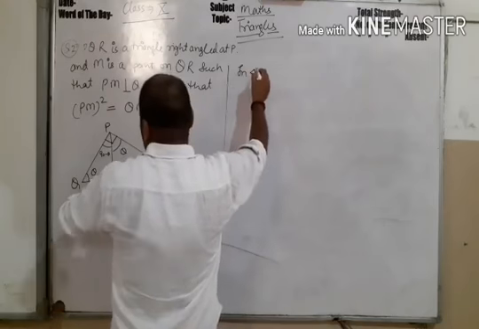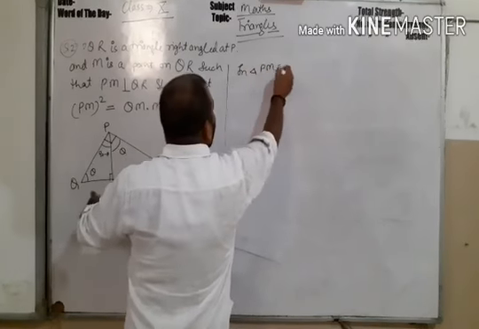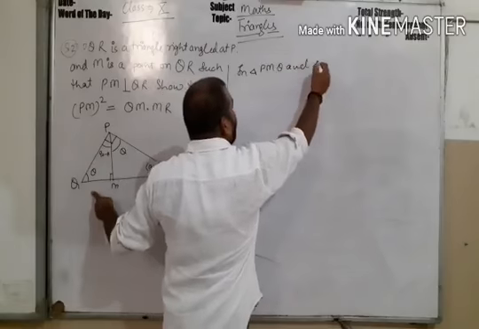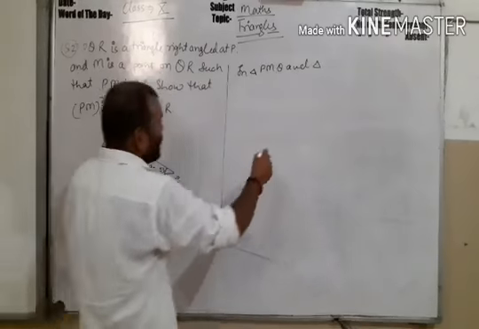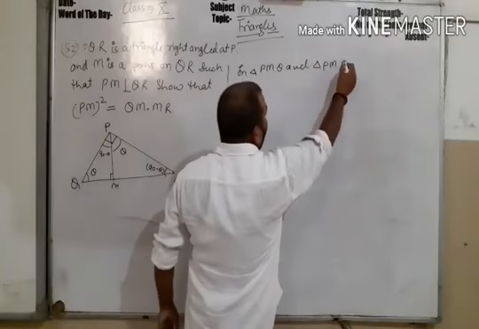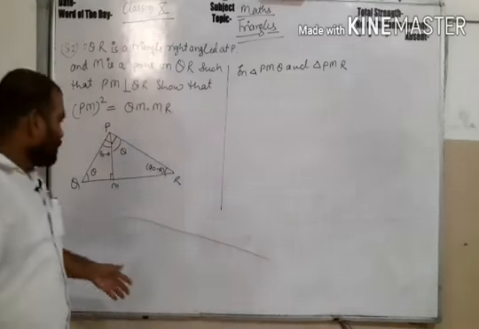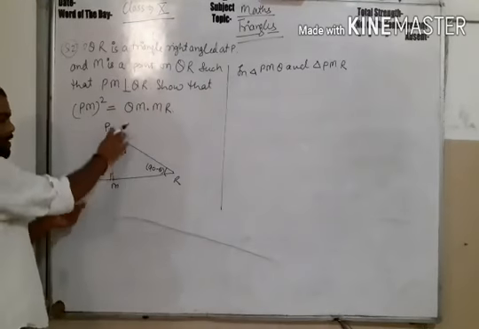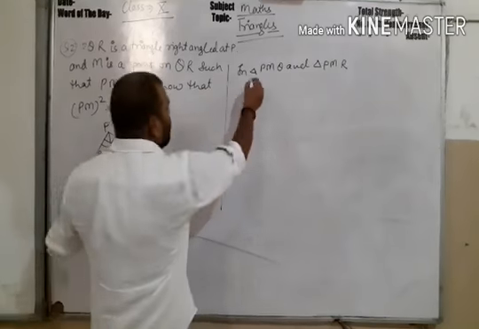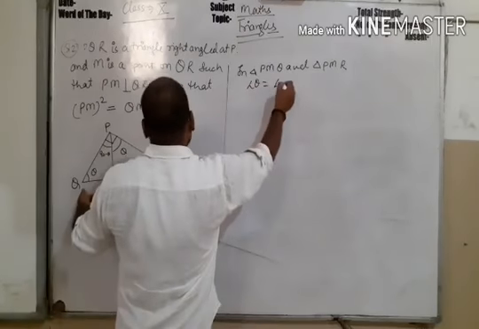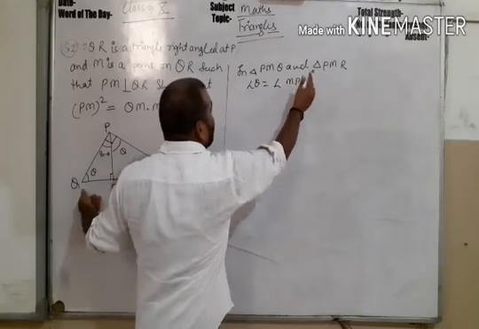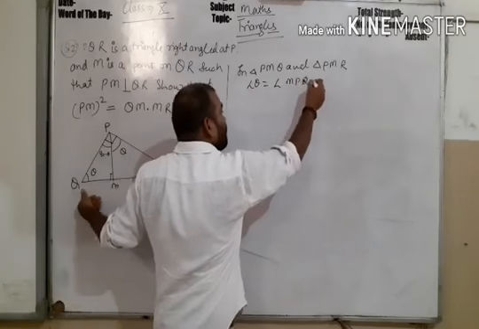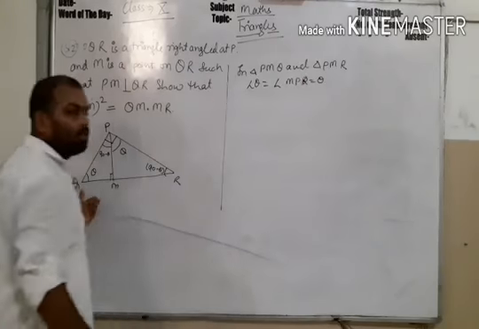The triangle PMQ and triangle PMR. Two angles, angle Q and angle MPR are theta, so angle Q is equal to angle MPR, which is equal to theta.